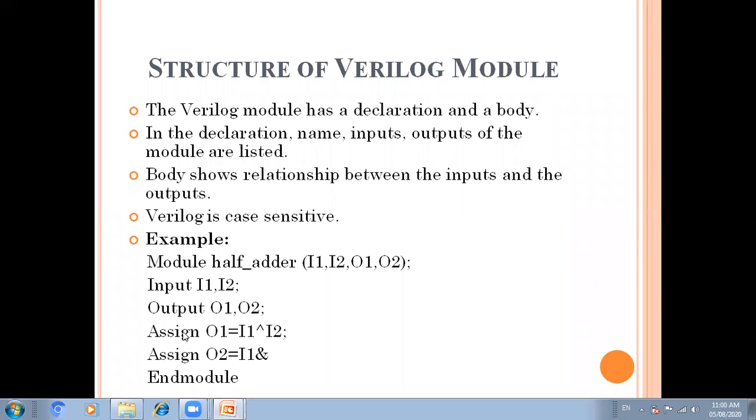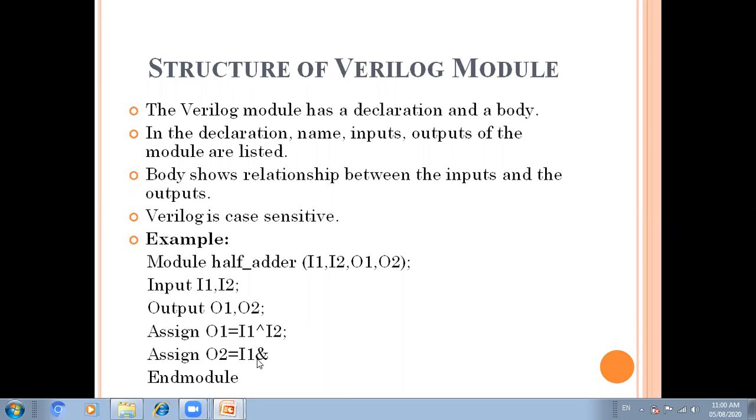Assign statement. The output signal is O1. O1 is assigned as I1, then an operator, then I2. So this is the operator, and the operator specifies a logical operation, right?